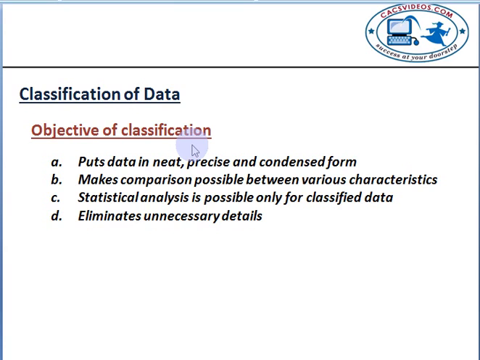For example, after an election, so many news channels release exit poll results, right? So how do they do the exit poll? They visit so many cities and interview people from different parts of India, and based on their interviews, they analyze which party is going to win a particular election.